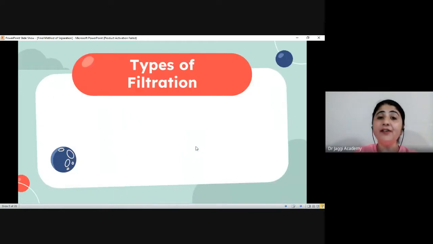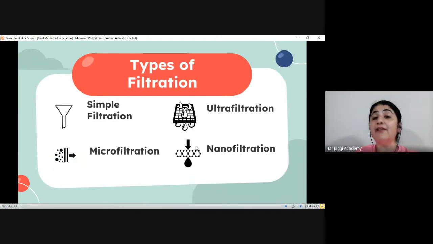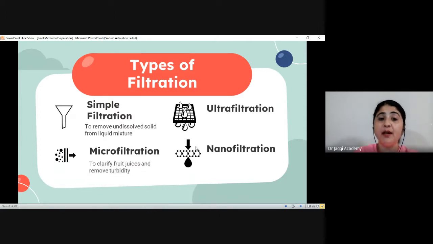We have different types of filtration. One is simple filtration, second is microfiltration, third one is ultrafiltration, and fourth one is nanofiltration. Simple filtration is used to remove undissolved solid from a liquid mixture.